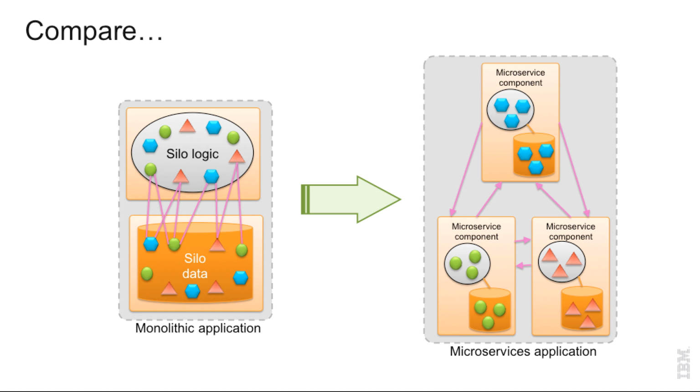So the data source, the database, whatever persistence that's used for the microservice is self-contained within the usage of that microservices component. And the interactions between the microservices is accomplished via APIs that allow them to be loosely coupled and individually scaled.